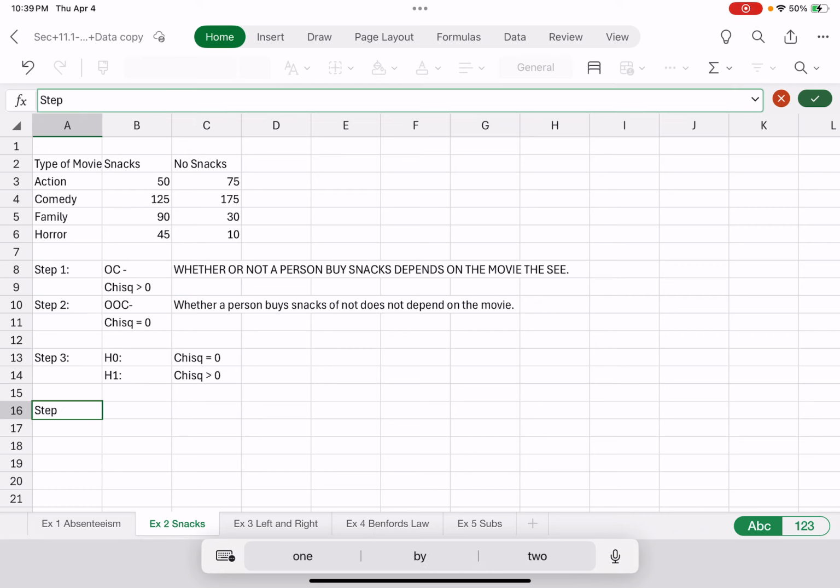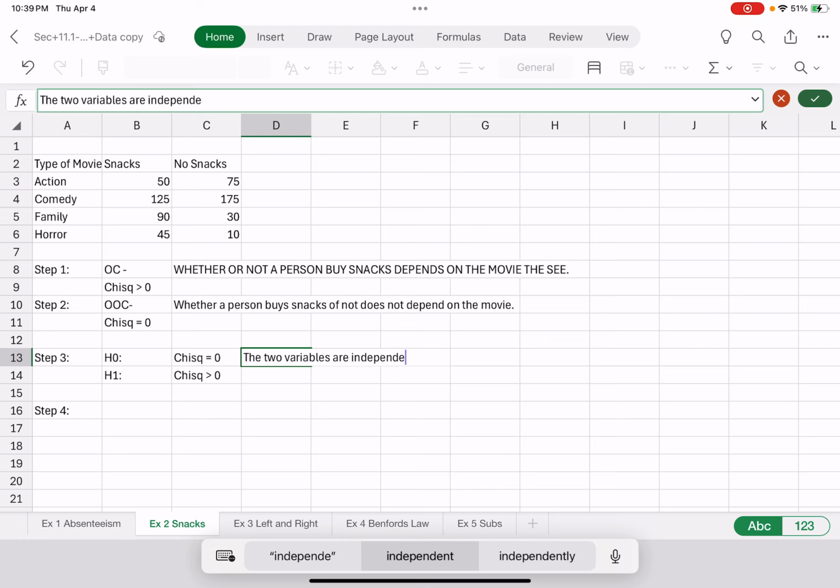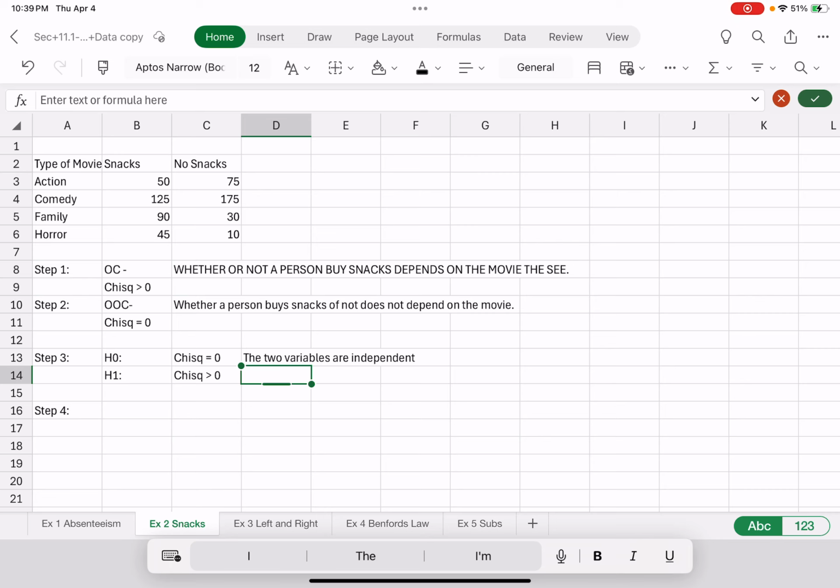Step 4. And so this would be that the two variables are independent. That is my null hypothesis in English.